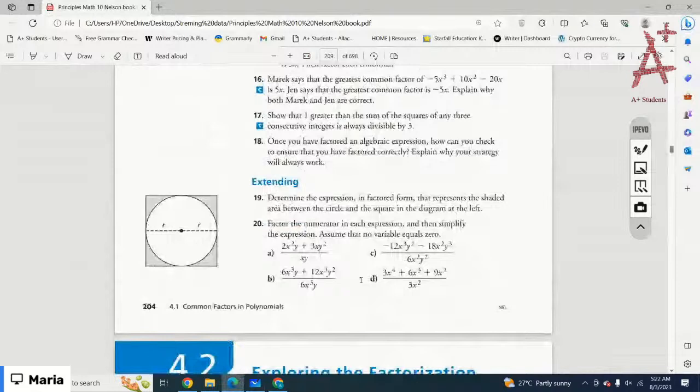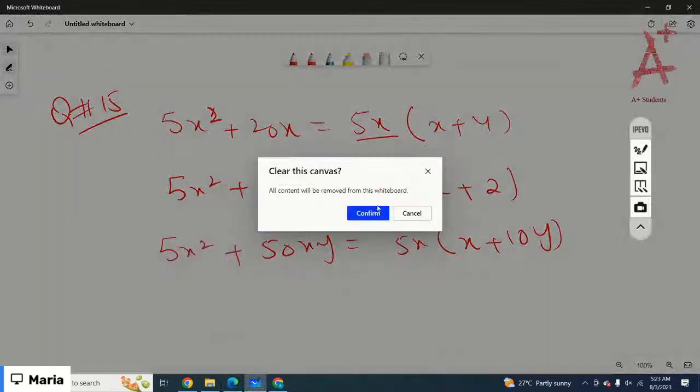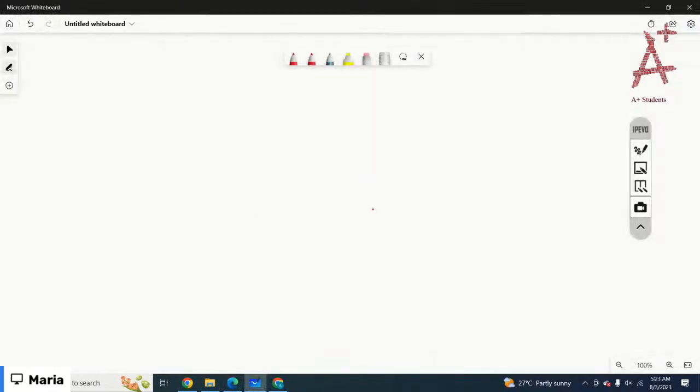Question number 17. Show that 1 greater than the sum of the squares of any three consecutive integers is always divisible by 3. Consecutive numbers, right?